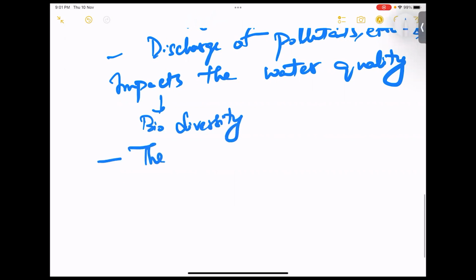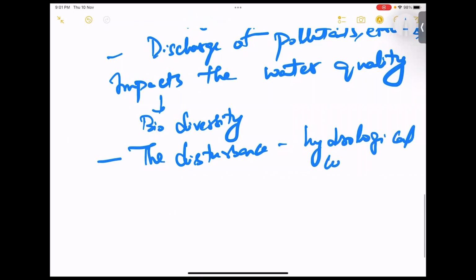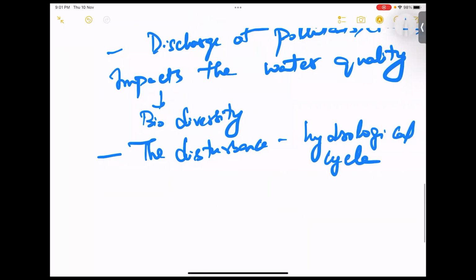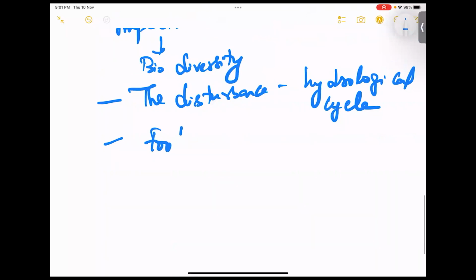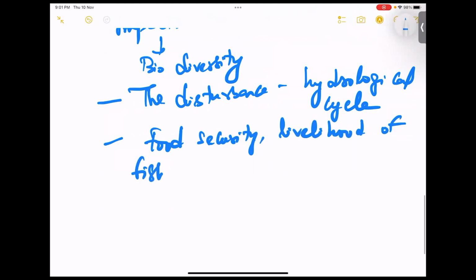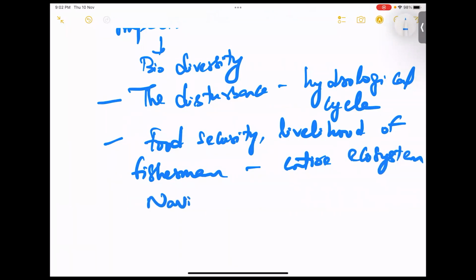And the disturbance of marine life disturbs the hydrological cycle. And finally, it disturbs the food security, livelihood of fishermen, and disturbs the entire ecosystem, including the sea navigation.